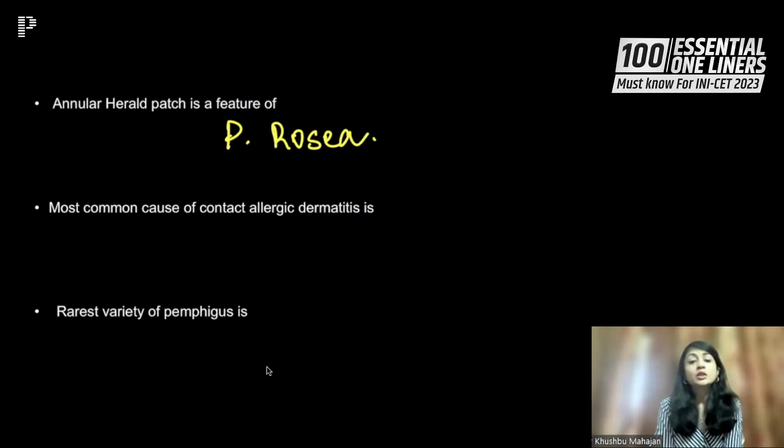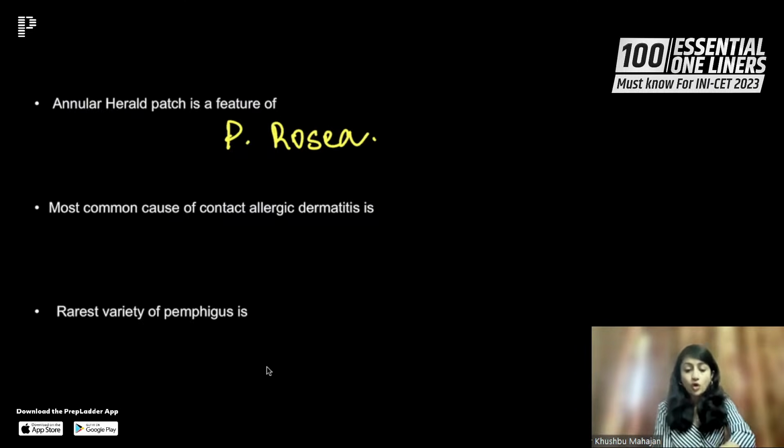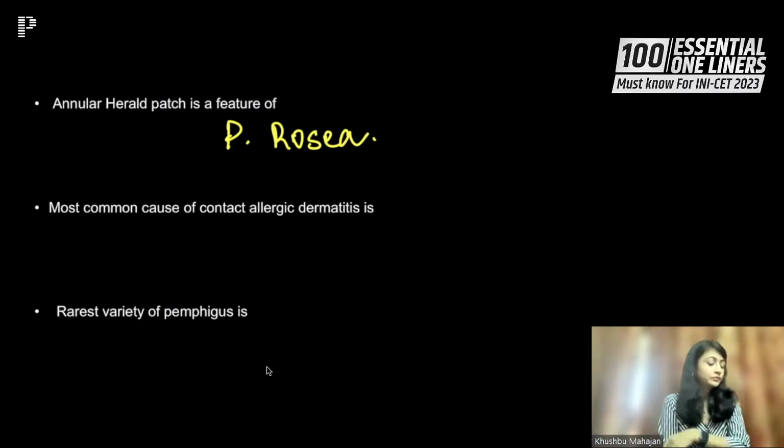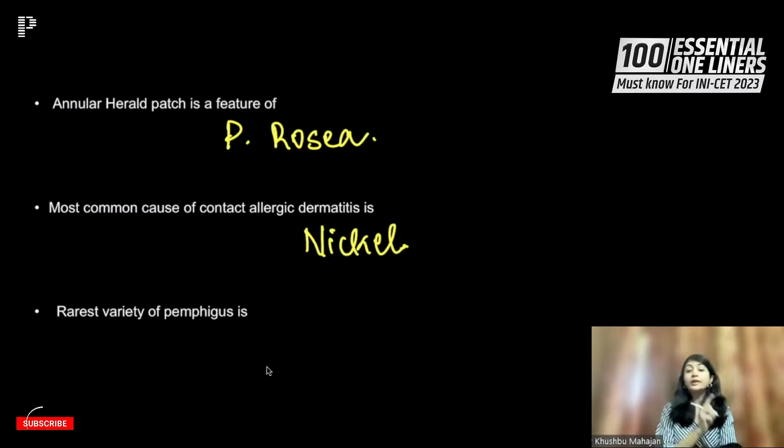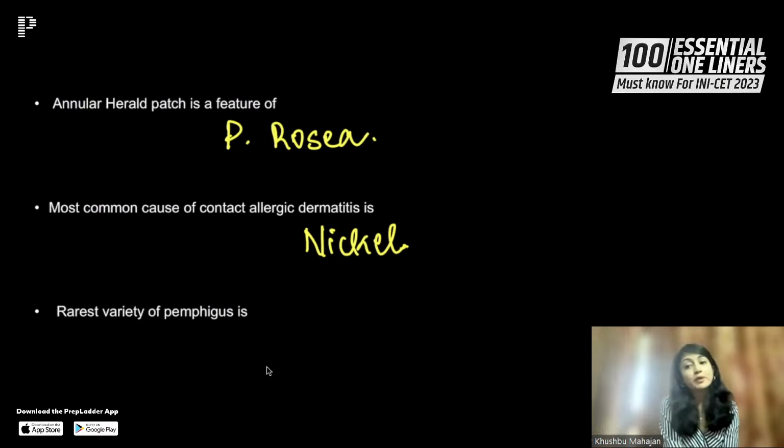Next question. The most common cause of contact allergic dermatitis is? Yes, it is nickel. It is not detergent, it is nickel. So nickel is the most common cause of contact allergic dermatitis. And you should mark nickel as the answer. Rarest variety of pemphigus is?